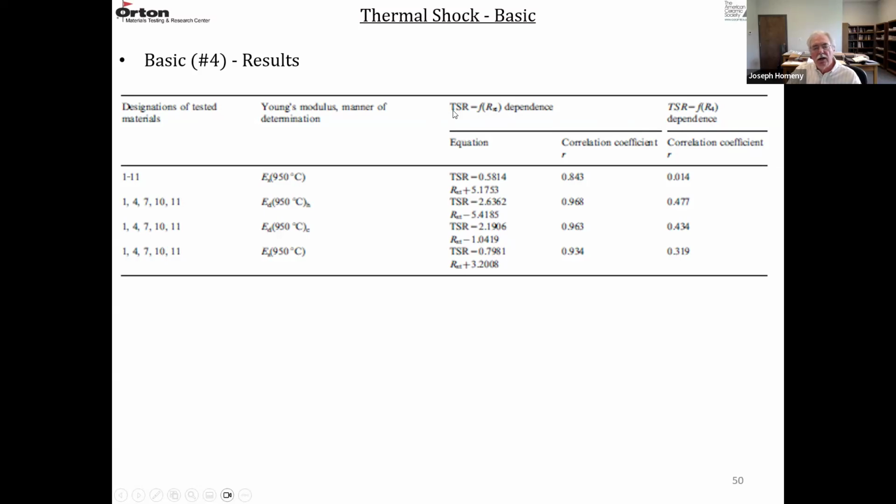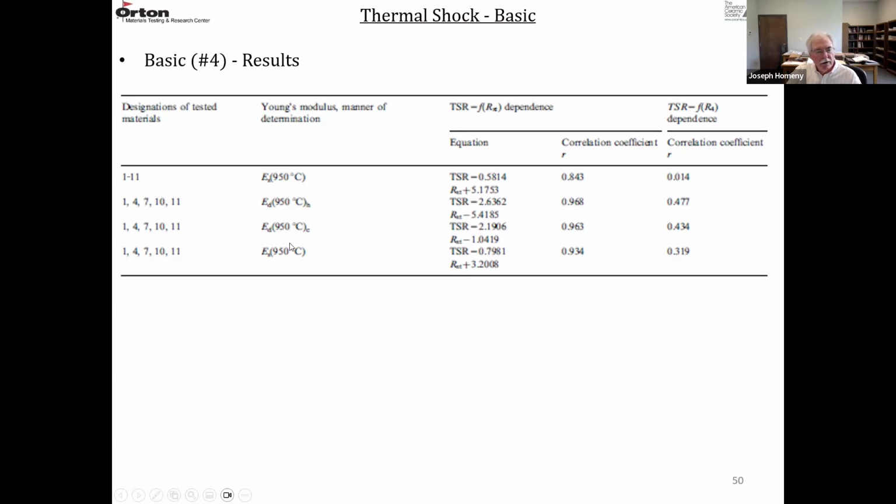And they use the cylinder thermal shock resistance test, TSR. So this is for the cylinders where they took the number of cycles at 20% weight loss. So the thermal shock resistance equals some function of RST. The thermal shock resistance equals some function of R4 prime.